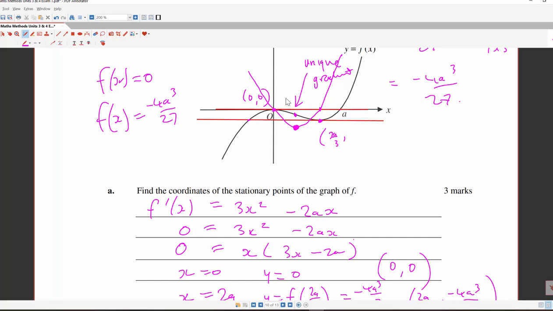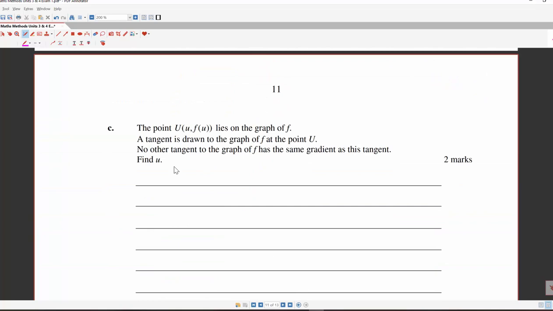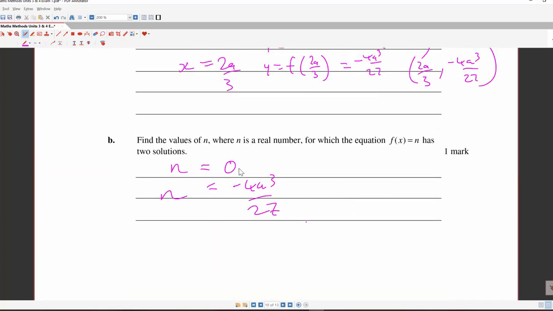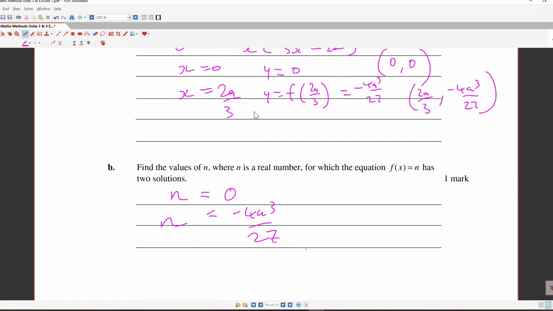So we're looking for when f dash x, because that's what that line is there, has a stationary point, and that will give us the unique tangent for the graph. So the way we're going to do this is find f double dash x, which equals 6x take away 2a.